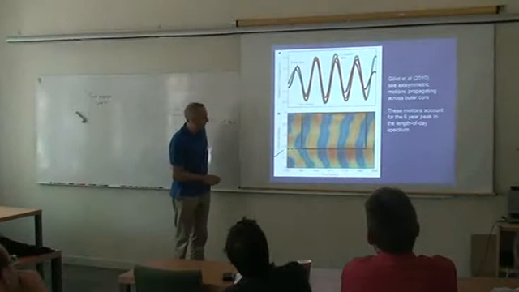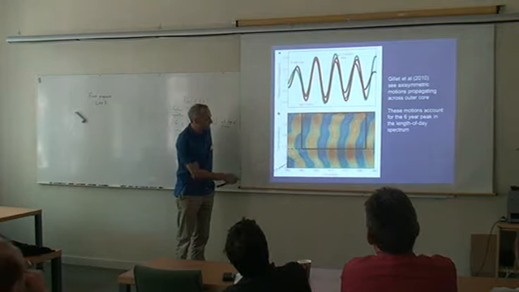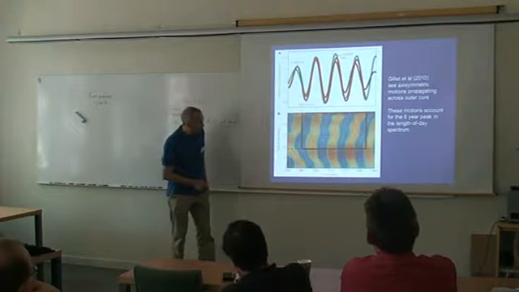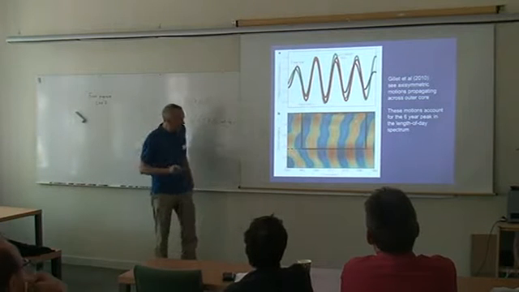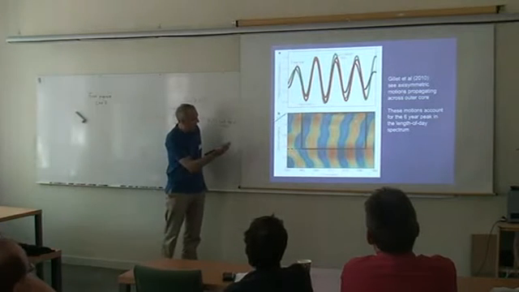And when they just look at the zonal component, this is now a plot showing the flow as a function of cylindrical radius. So this is now the axis of the Earth. This is now the equator.